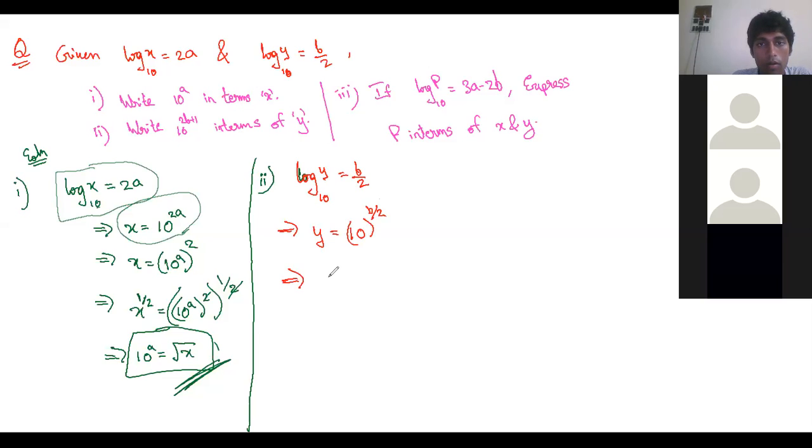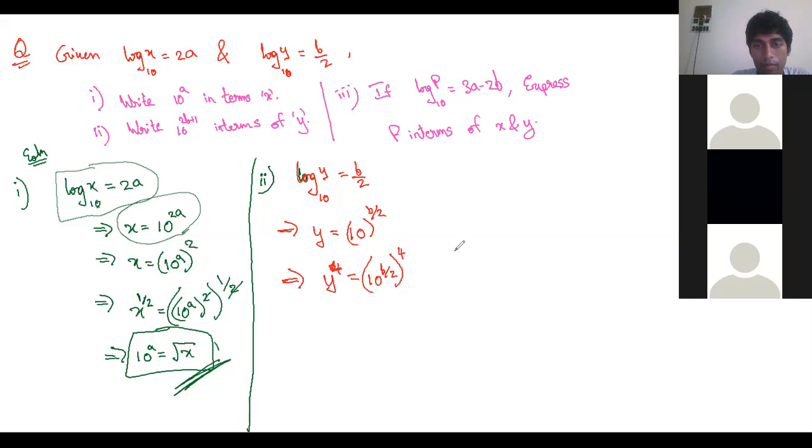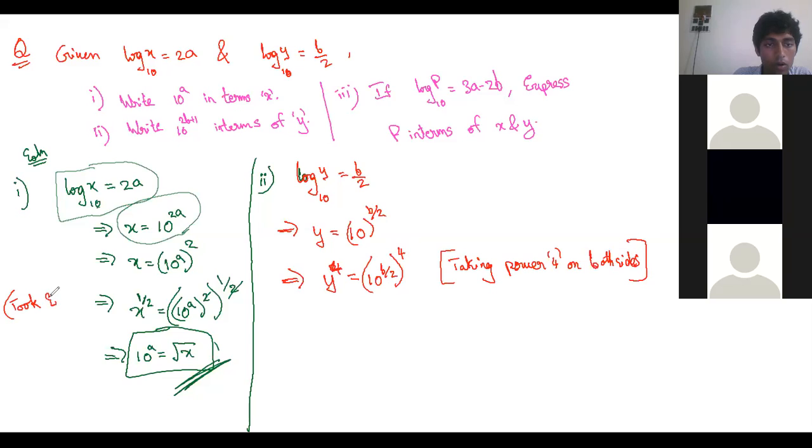And on both sides we take the exponent 4, y to the power 4 is equal to 10 to the power b by 2 into 4. Wait, let me do it taking power 4 on both sides. Here we took square root on both sides.